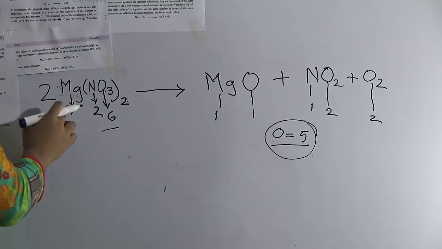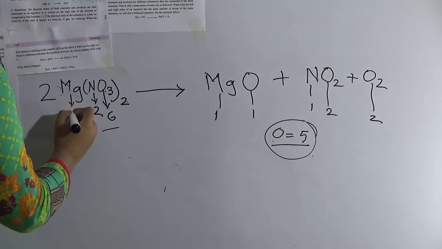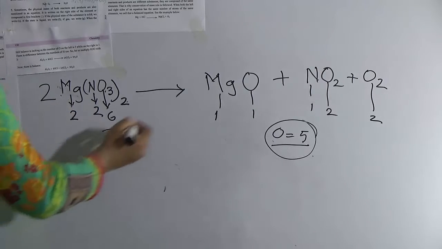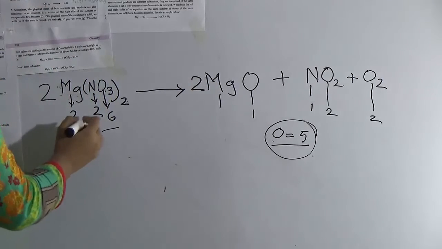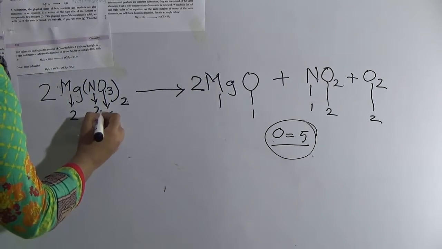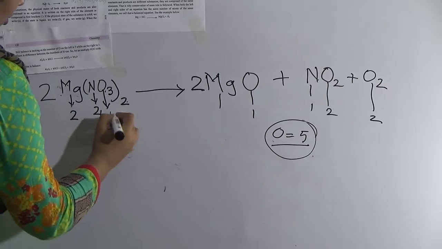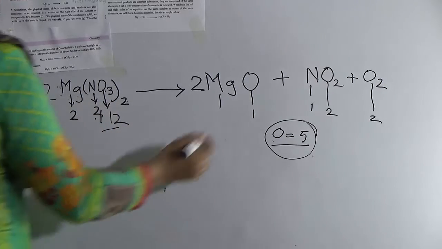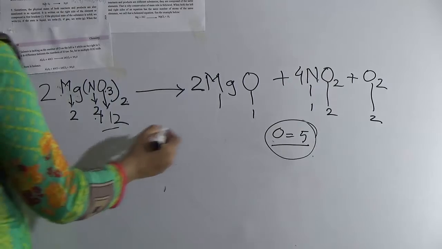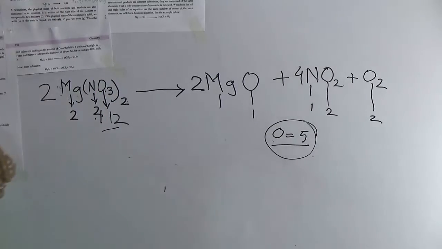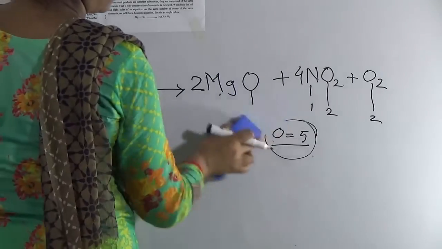Then if we give here 2, that magnesium will be 2, so we have to give here 2. Then after that it will be 4 and it will be 12. For 4 nitrogen we have to put here 4, then we have to count again.